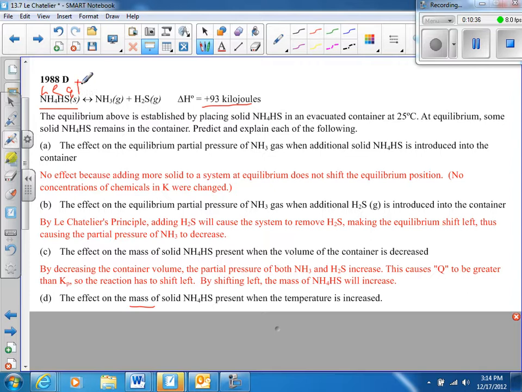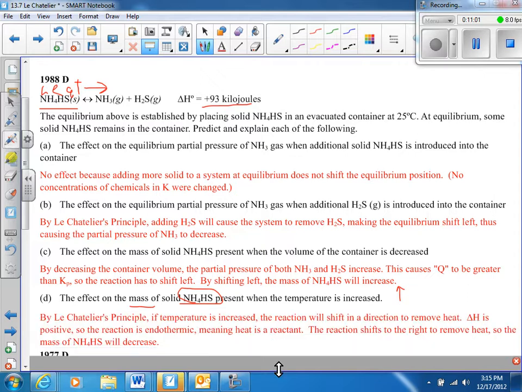That's me writing heat on my keyboard. So heat's a reactant because we have an endothermic reaction. I increased temperature, T goes up, so I want to get rid of heat. In order to get rid of heat, I'm going to move to the right. And if I move to the right, that means the mass of NH4HS went down.